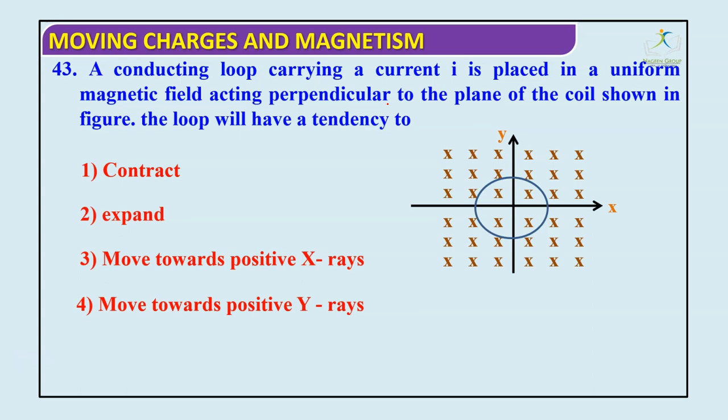So moving ahead with the solution part, here we use the Fleming's left hand rule. In the Fleming's left hand rule, we can easily find out the force on a current carrying conductor.